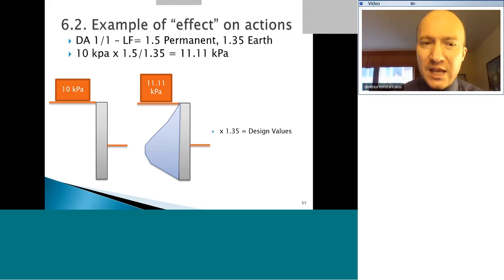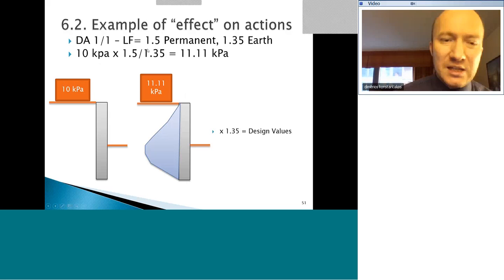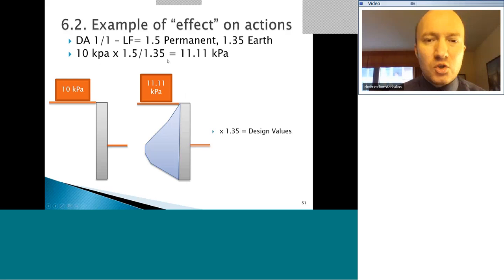So the idea with this factoring on actions, just to illustrate it, let's say that this is our initial excavation. These are our real cases. So we have a 10 kPa load. If we have a 1.35 factor on the earth and 1.5 on the permanent load, what we're going to do is take this load times 1.5 divided by 1.35, and we're going to come back with 11.11 kPa for this surcharge.